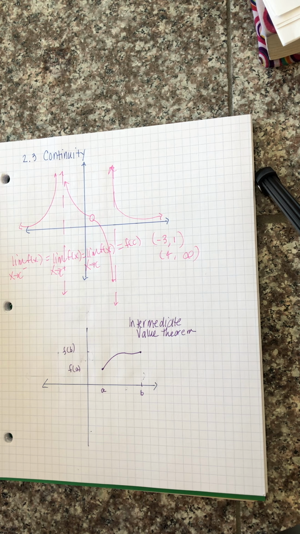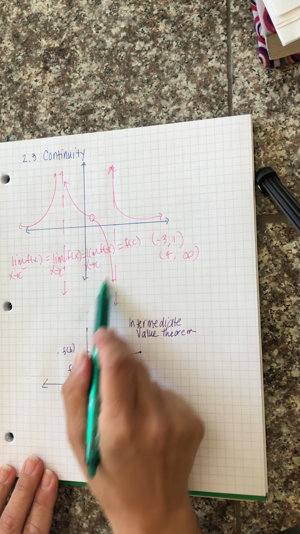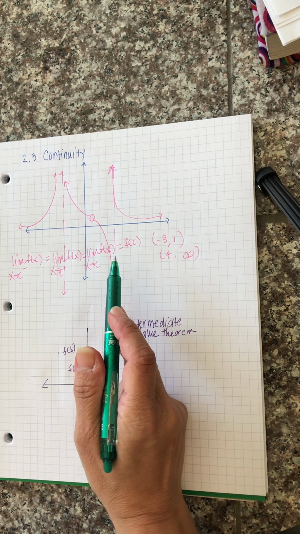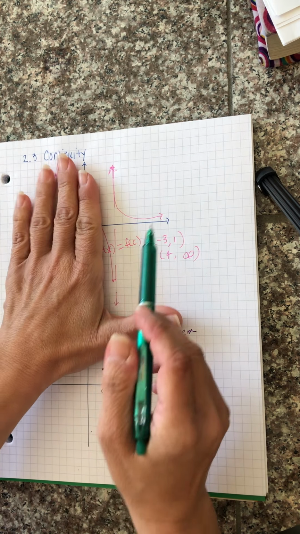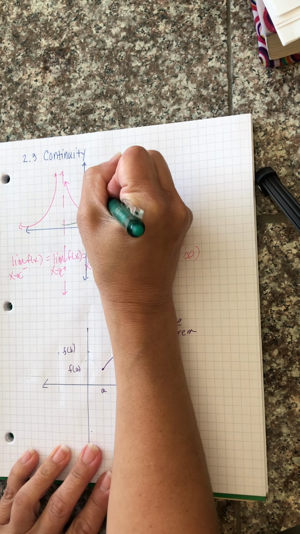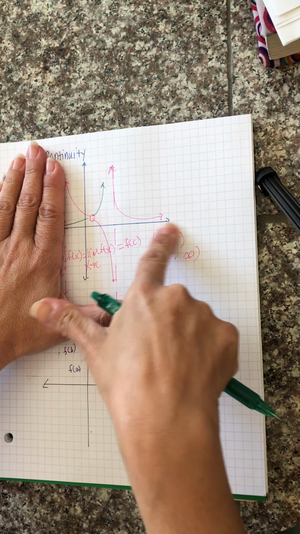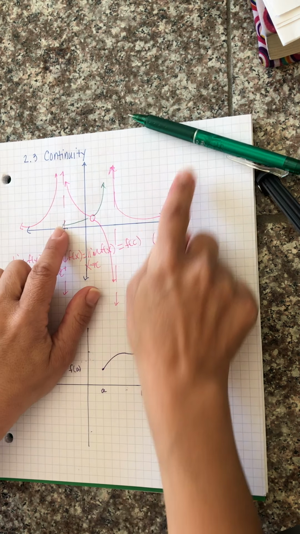So let me draw a really quick example where this might be true: the right might equal the left, and the overall limit might be the same, but the exact value doesn't exist. So if my graph looked like the branch here on the right and the branch on the left, this limit exists.